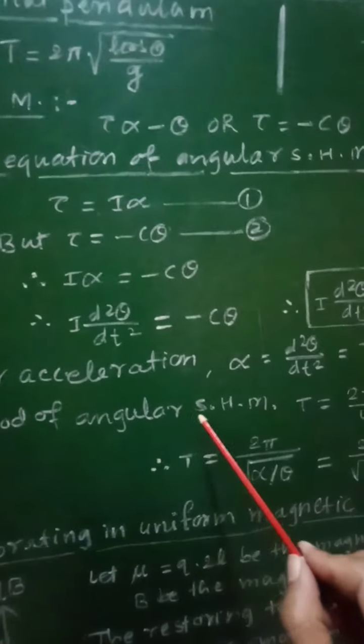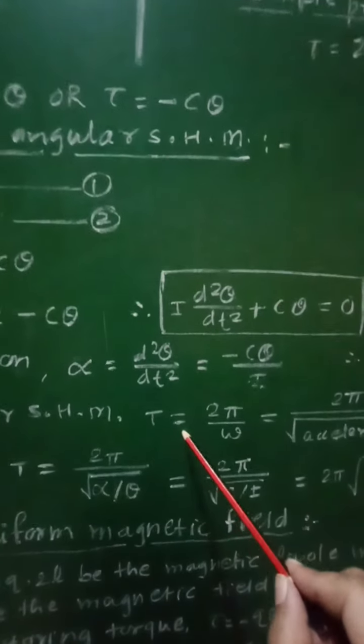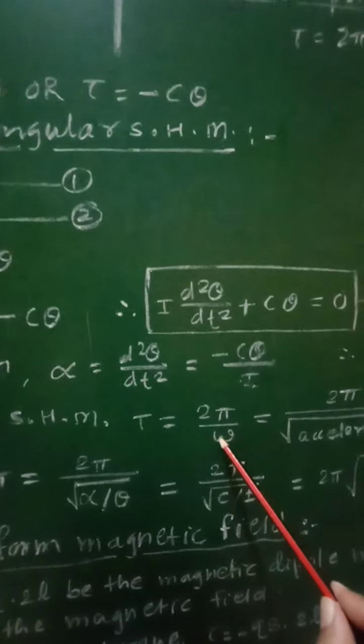Now, the period of this angular SHM, if capital T represents the period of SHM, will be given by the formula T = 2π/ω.